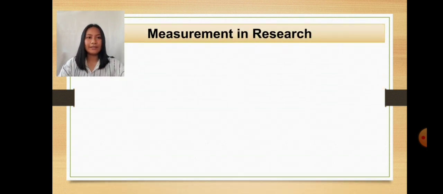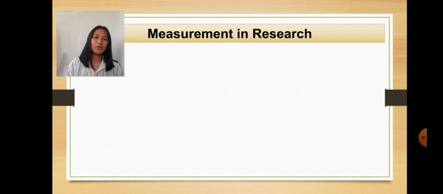Measurement in research. So what comes to your mind when you hear the word measurement in research? Some of you might think, magme-measure sa scale, sa tools, questionnaires, or some might think about test.